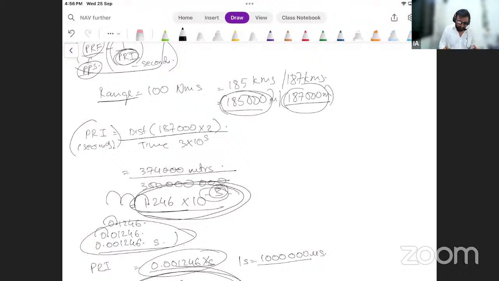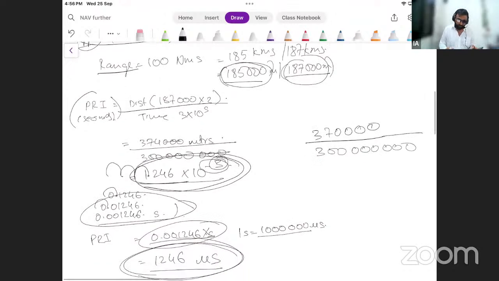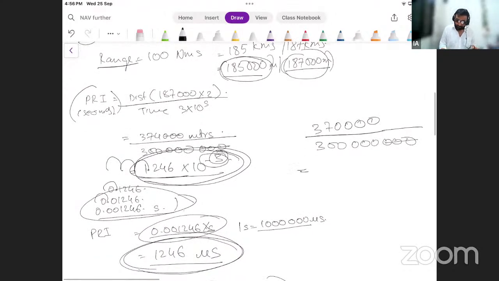I get my distance as 370,000 upon 300,000,000,000. This is the speed of light. However you solve, you can directly divide by 3 into 10 raised to 8 or 300,000,000,000 like this.